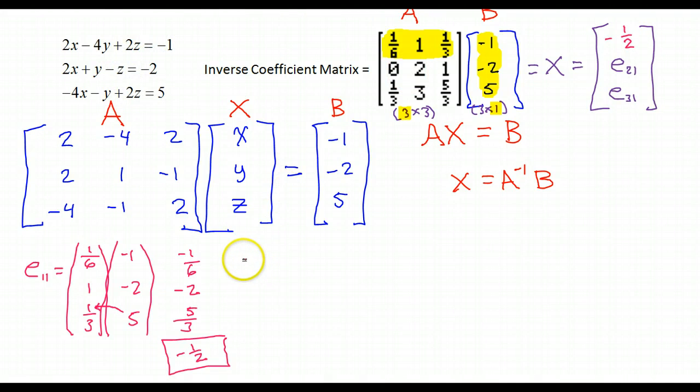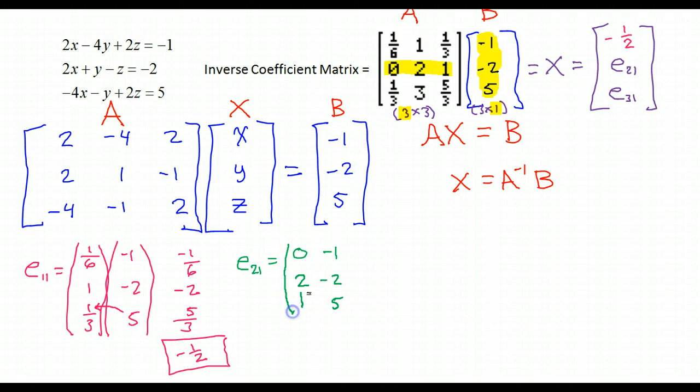All right, now let's go ahead and do element 2, 1. All right, that's the second row, first column. So now we're doing the second row times our only column. So the second row is 0, 2, and 1. And the column, once again, is -1, -2, and 5.